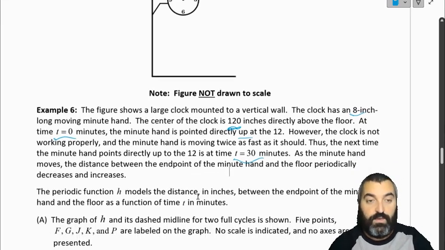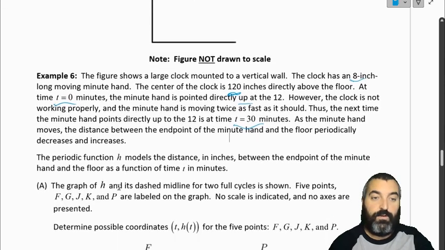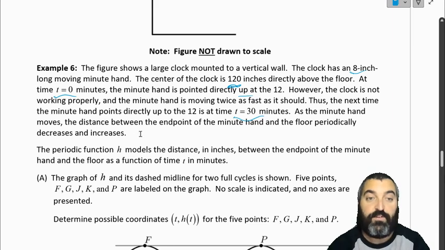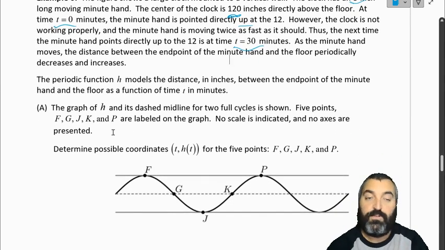All right, so what they are telling us here is that it's a periodic function. The periodic function h models the distance in inches between the endpoint of the minute hand and the floor as a function of time t in minutes. The first question gives you a very similar looking graph and asks you to determine some possible coordinate points.